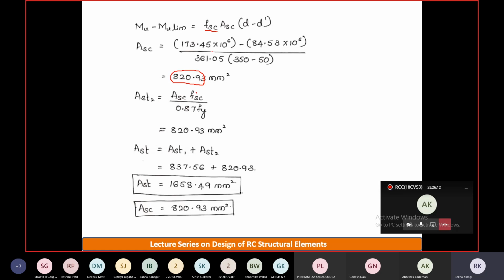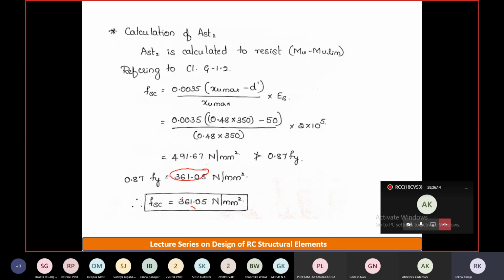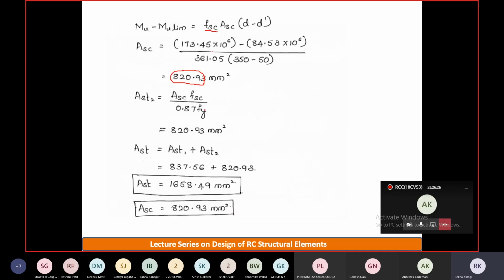Because the FSC we have considered is equal to 0.87 Fy, since the calculated value is more than 0.87 Fy. So FSC is 0.87 Fy, and in the denominator there is 0.87 Fy, they cancel out each other and we get AST2 equal to ASC.